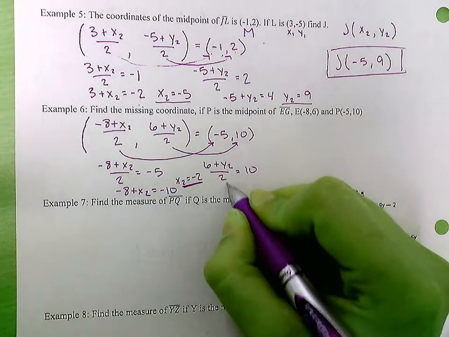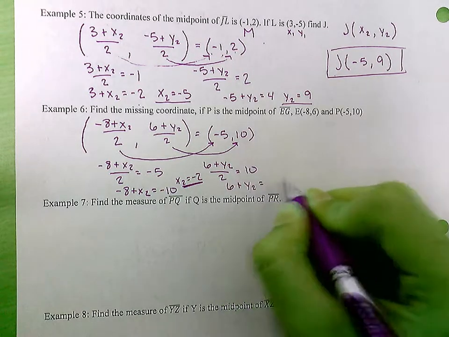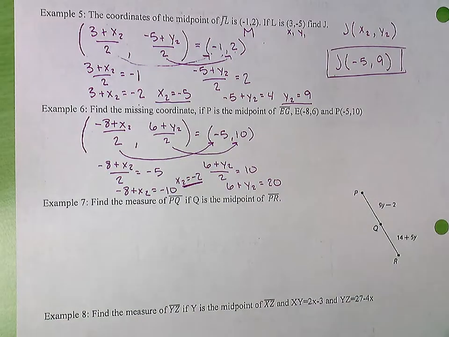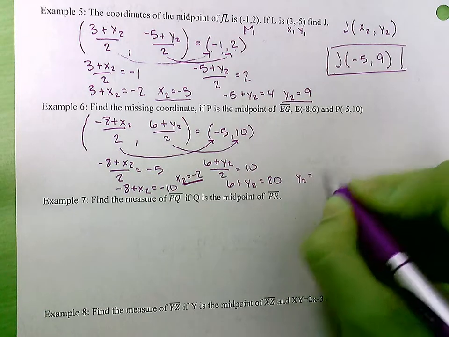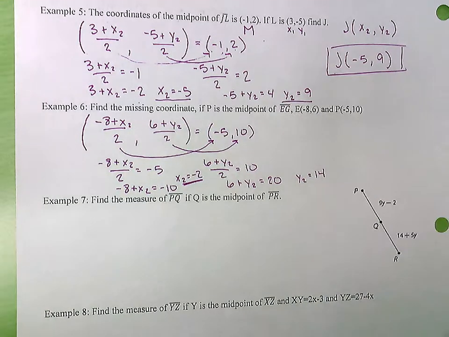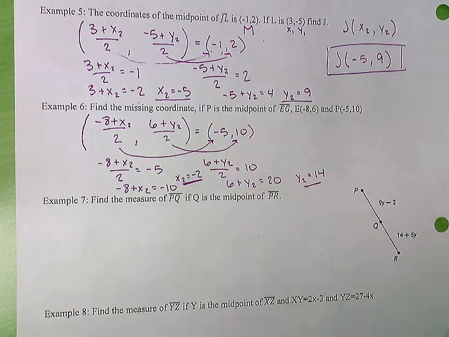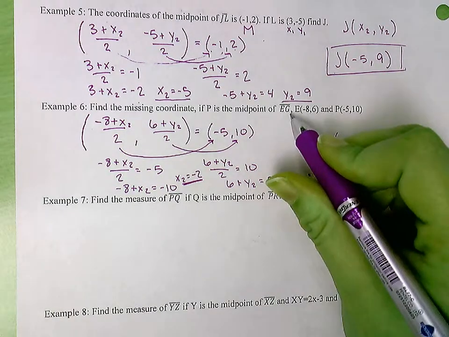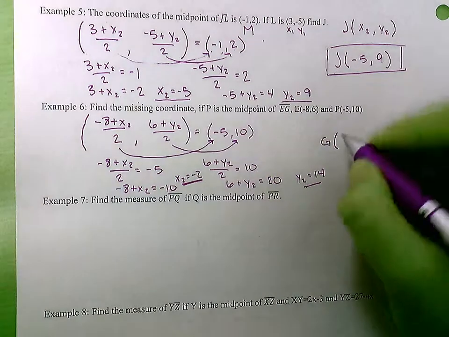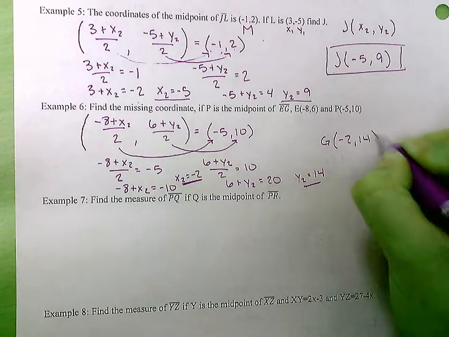Multiply both sides by 2. We have 6 plus y sub 2 equals 20. Subtract 6 from both sides. Y sub 2 will be equal to 14. Okay, so my G value here, since I'm looking for segment EG, will be negative 2 comma 14.